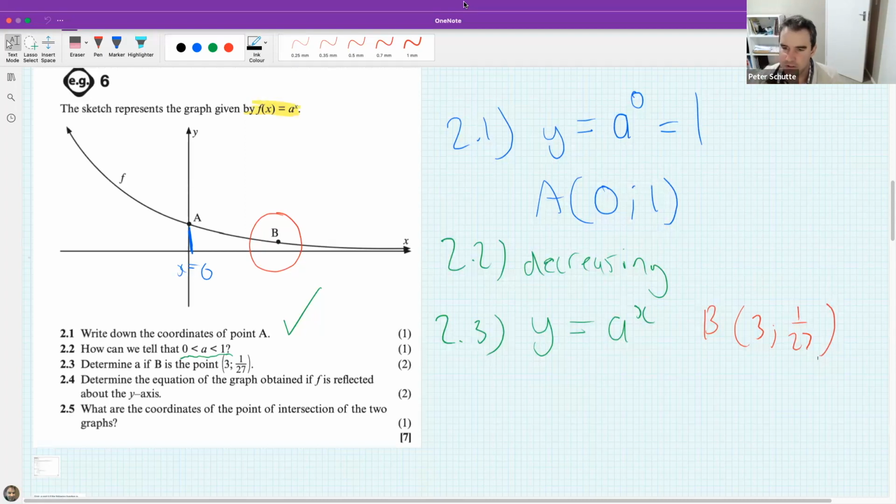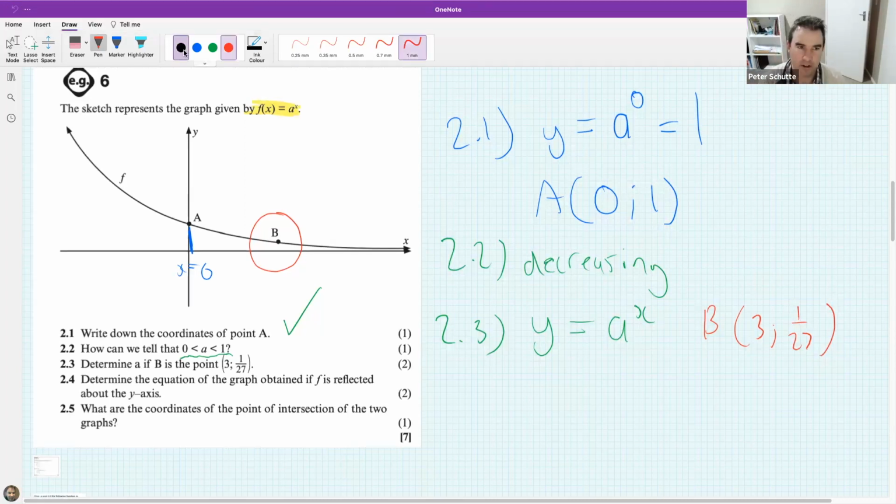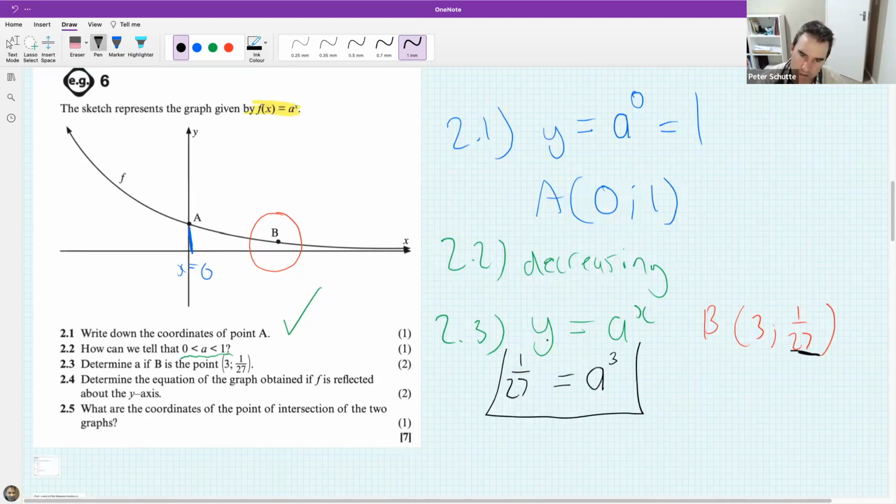I'm guessing subbing in the point is probably a good idea. Now, can somebody tell me, how do I solve this equation? I subbed it in, and that's all good, but now I need to get that a value by itself. What needs to happen to get the a to be by itself?